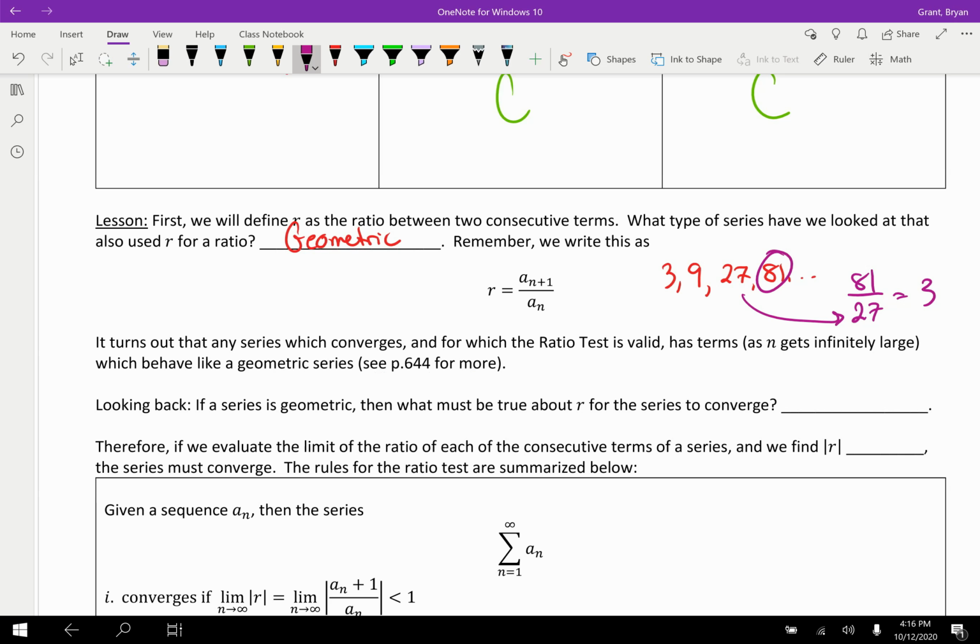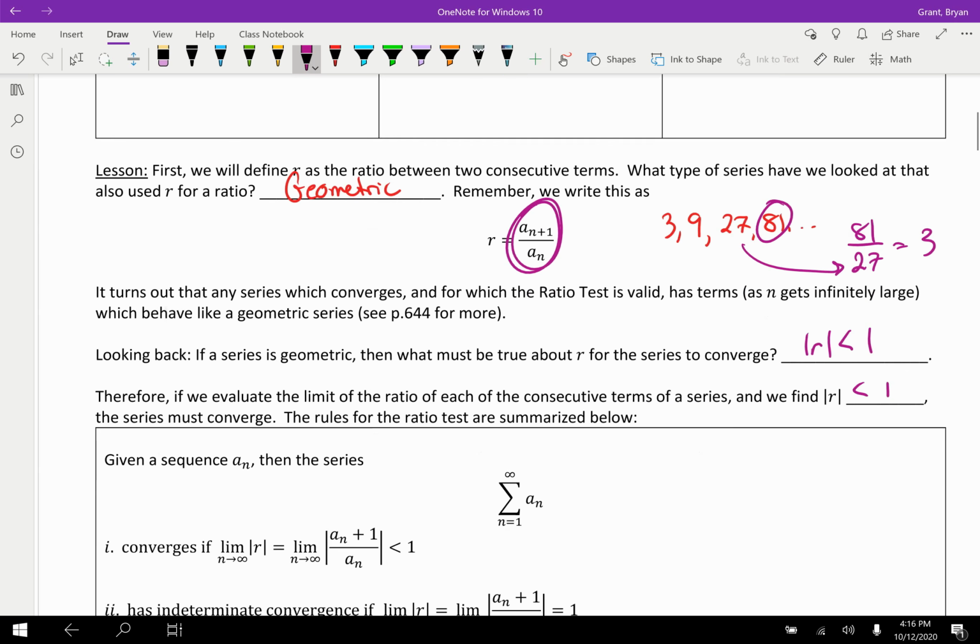Because we need to remember that in order for a series to converge, the absolute value of the ratio has to be less than 1. So therefore, if we evaluate the limit of the ratio of two consecutive infinitely large terms, and we find the answer to this ratio up here is less than 1, then our series converges. We're basically looking at two super infinitely large, though small terms, and finding the answer.